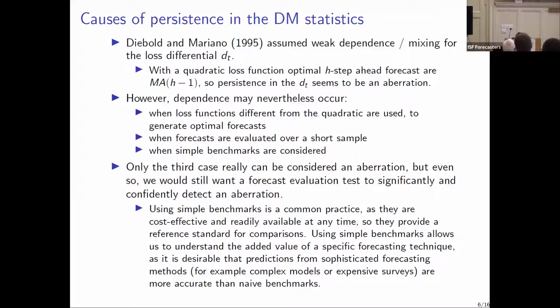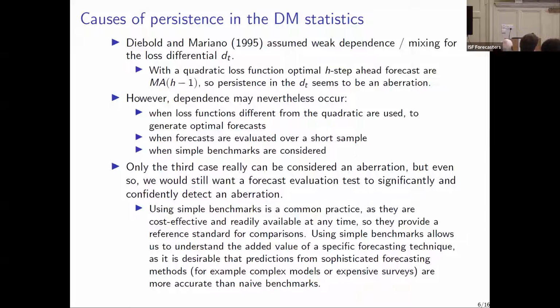Well, they said the idea behind the test was, if you are thinking of a quadratic loss function, then if you have an efficient forecast, your forecast error each step ahead should be a moving average of order h-1, right?